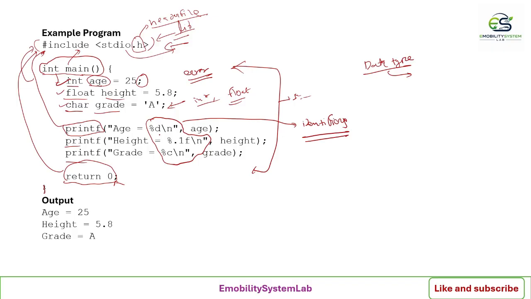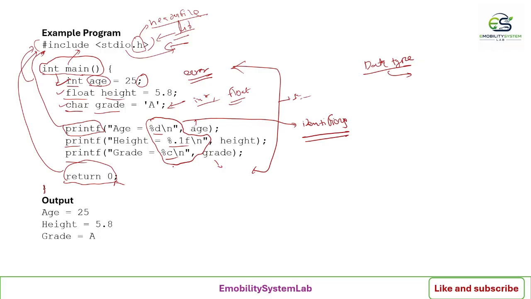Here suppose I'm using integer data type, so this age is integer data type, so I'm using percentage d. And here I'm dealing with a float variable, so I'm using this identifier. And here I'm using a grade character type variable, so I'm using the percentage c identifier. So we can understand that for different types of variables we have different types of identifiers.